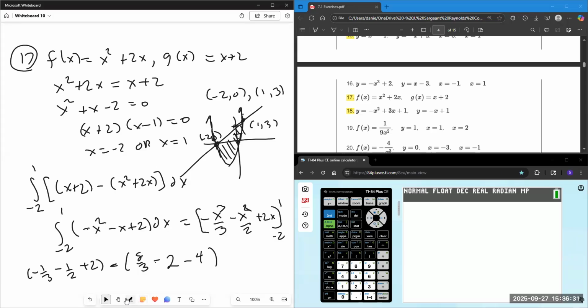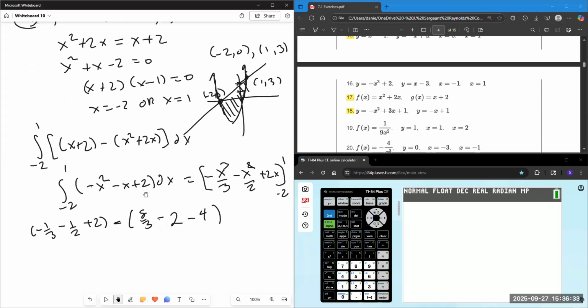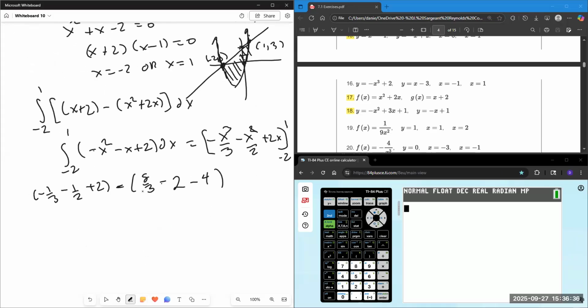That gives me, let's see, -1/3 minus 8/3, that's -3. Minus 1/2, 2 plus 2 plus 4, 2 plus 6 is 8. So 5 minus 1/2 is 10/2 minus 1/2 is 9/2.